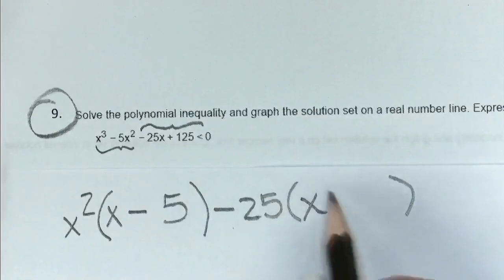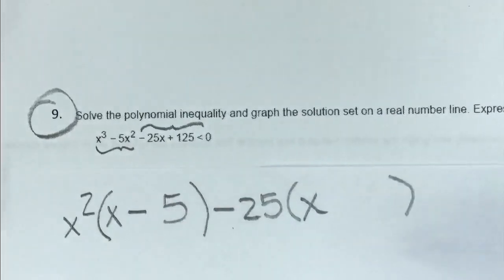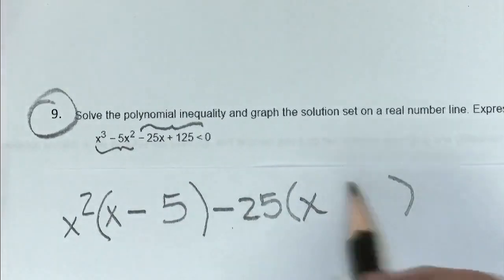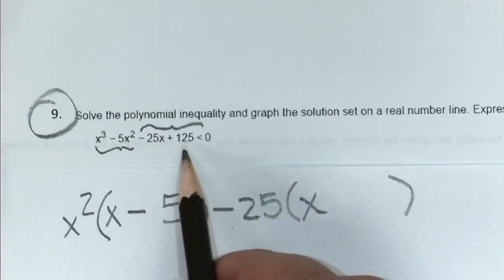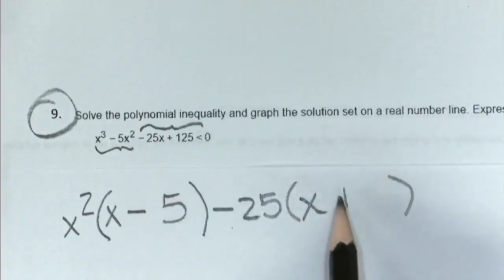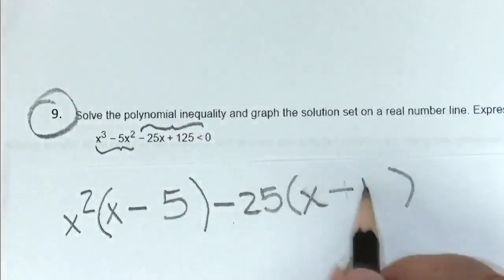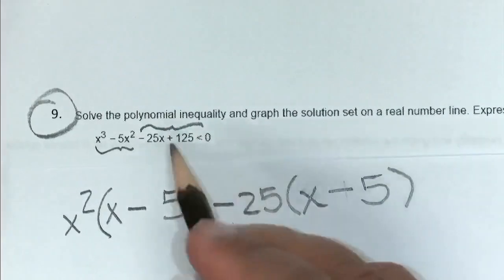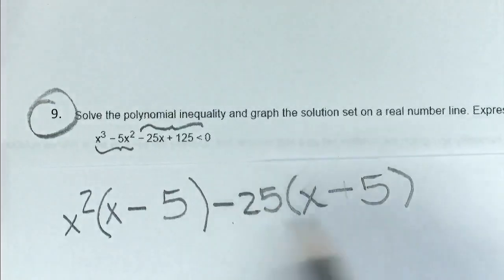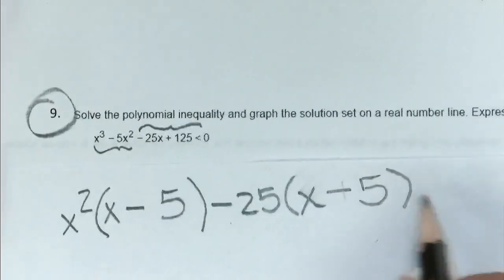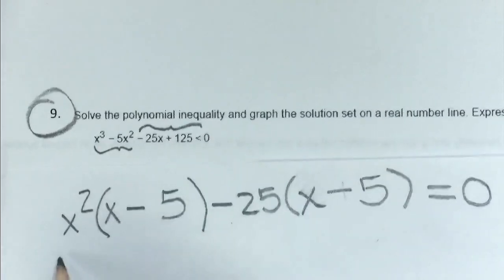I wanted this to be a positive x because that's a positive x. And then negative 25 times, how many times it goes in there? 5 times. So yeah, negative 5. So negative 5, see, this times this is negative 25x, and that times that is positive 125. So it's all factored, almost.